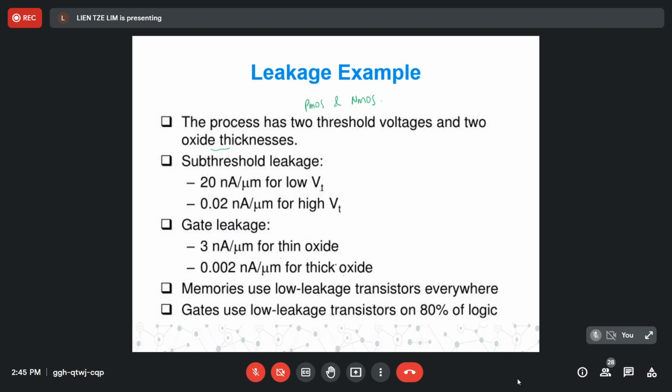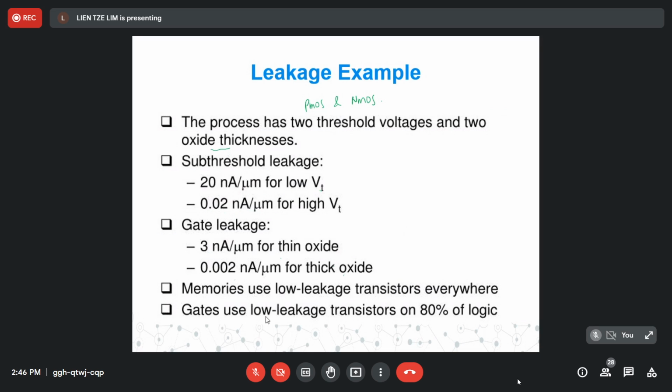The relationship between leakage current and the oxide thickness and the threshold voltage. Memory uses low leakage transistors everywhere. Gates use low leakage transistors on 80% of logic. So you see the leakage current is very small.